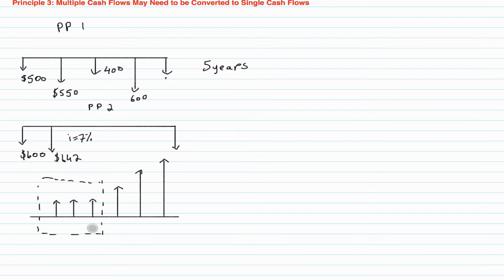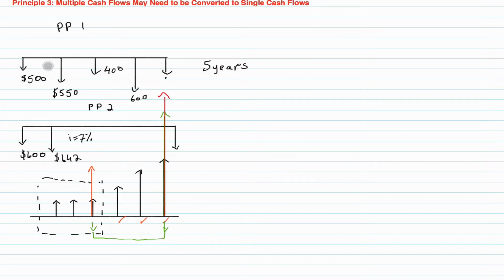You would convert this into one cash flow over here like that, and you'd convert this one, this one, and this one, like that. And you could then take this cash flow and this cash flow and convert it into one big cash flow.